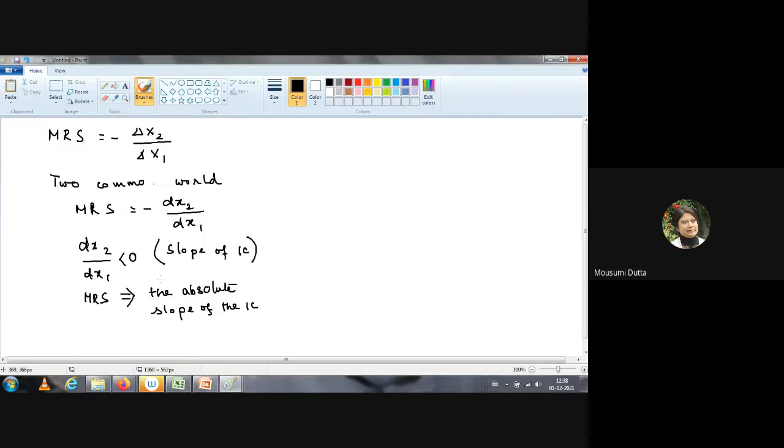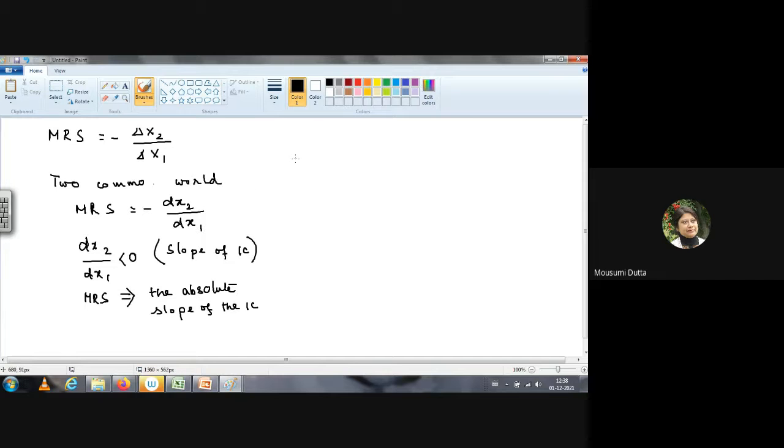So conceptually, it is negatively sloped. So if I write MRS is equal to minus of dx2 by dx1, that indicates MRS is the absolute slope of the indifference curve.